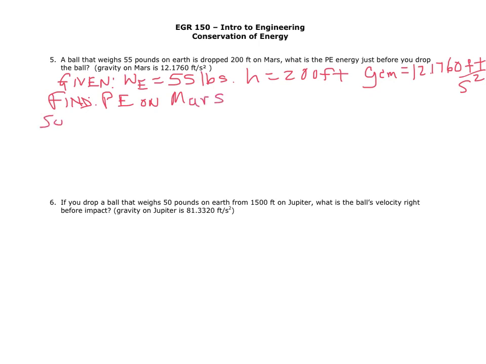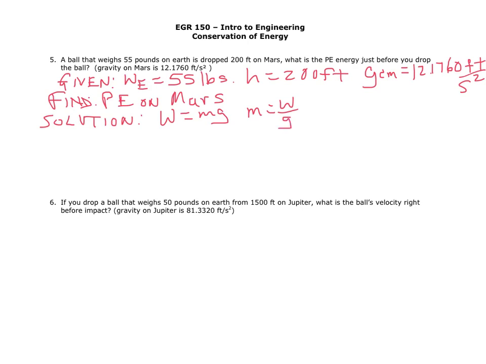And our solution then, the first thing we've got to do is get the mass of this ball. Now remember that the weight equals mass times gravity. So the mass of this particular ball is going to equal its weight divided by the gravity.